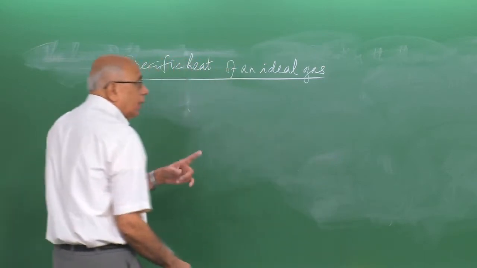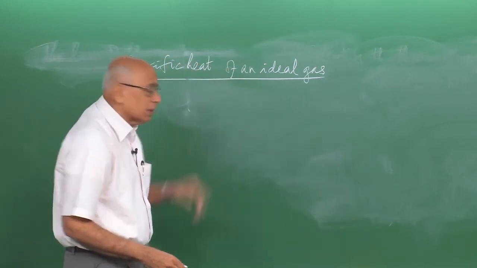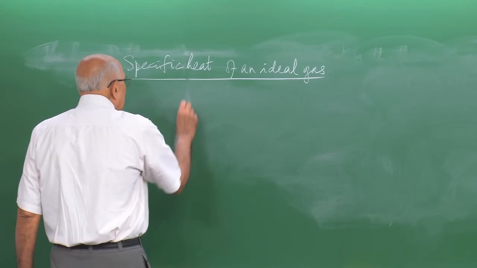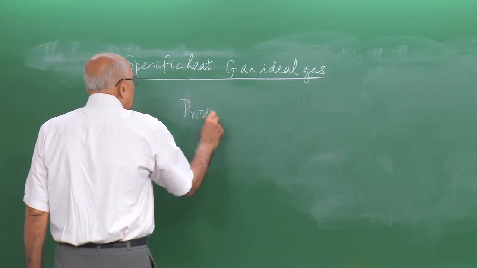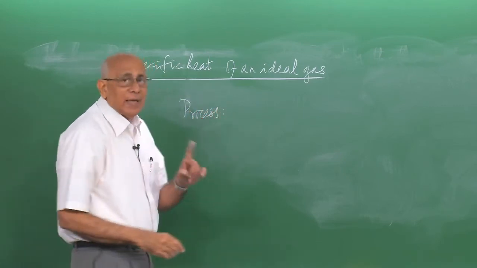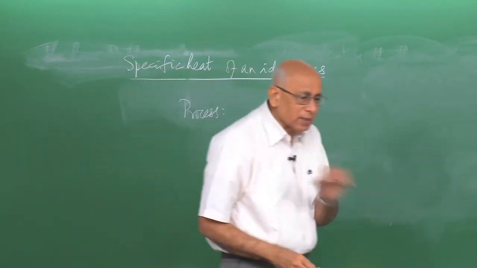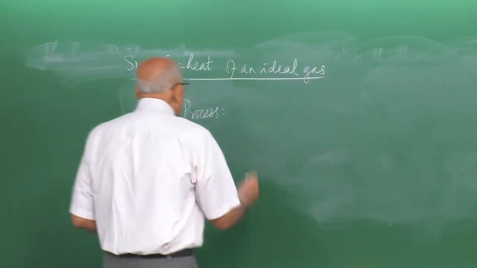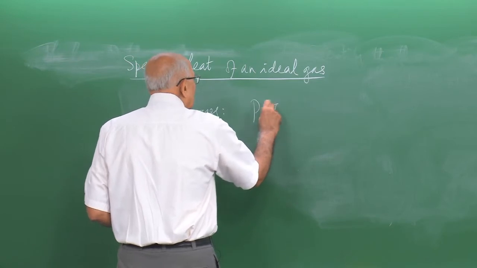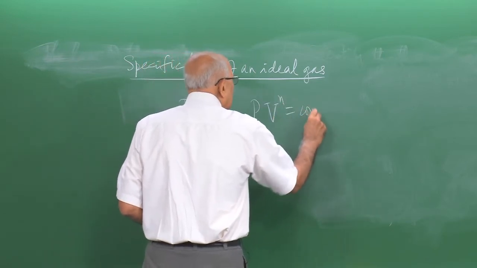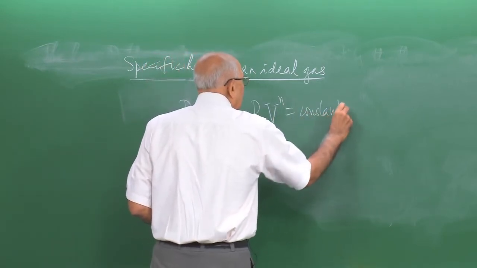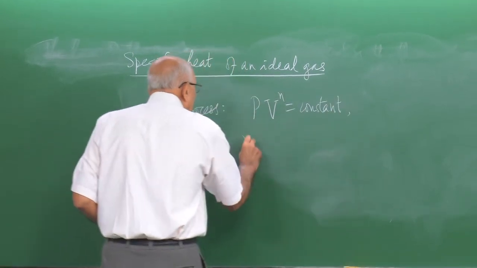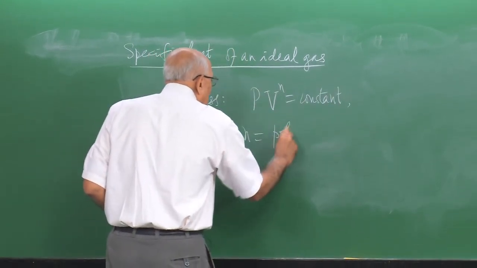Let us look at the following case, of which all these are special cases. So, we look at a quasi-static process, which means that you go through a succession of equilibrium states such that P times V to the power n equals constant, and n is called the so called polytropic index.